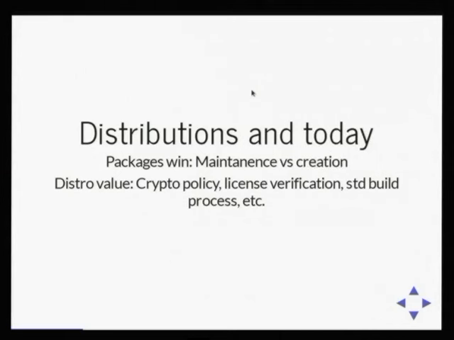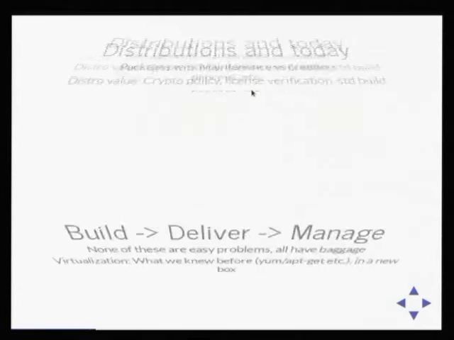Any use of HTTPS should always be TLS 1.2 or greater, because there have been a lot of vulnerabilities in older protocols. And this kind of required driving a common change across a couple different crypto libraries, across NSS and OpenSSL and things like that. So I think this concept of shared maintenance of a core is still very valid, and there's a lot of reasons to have it. And others like license verification and things like that.